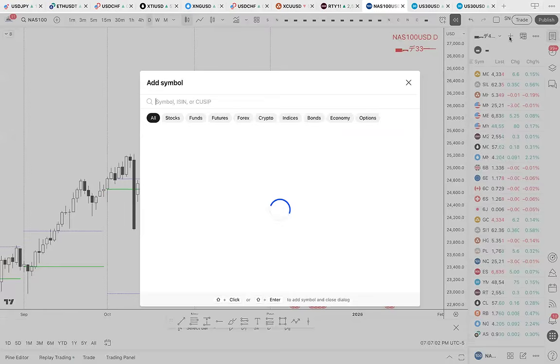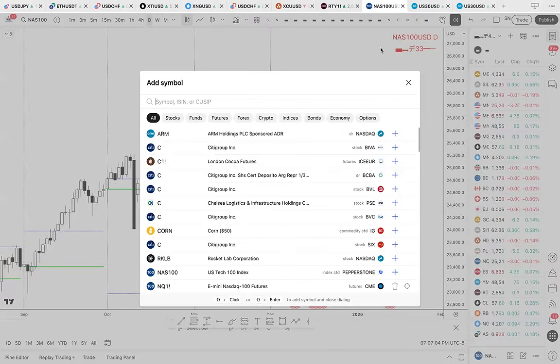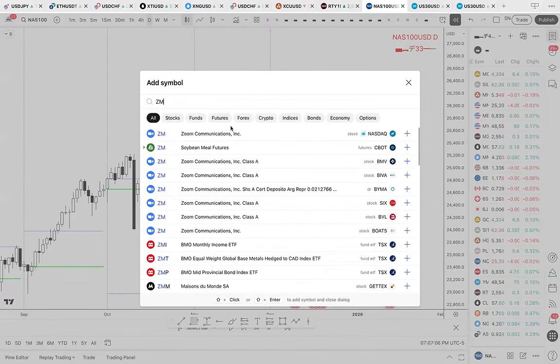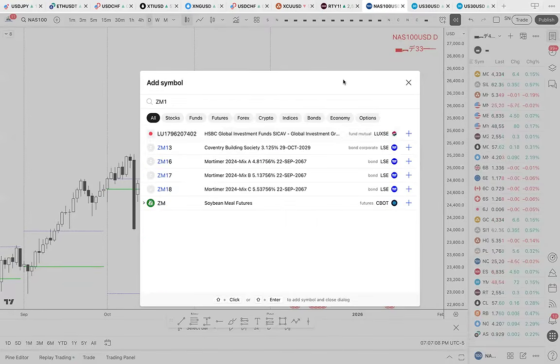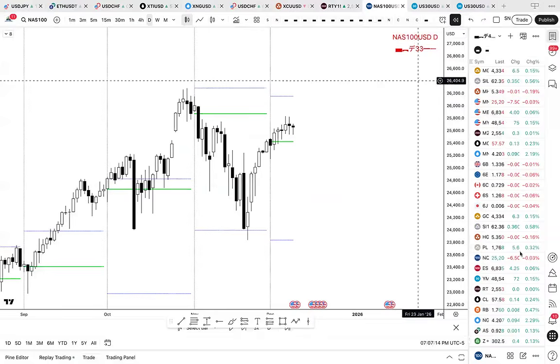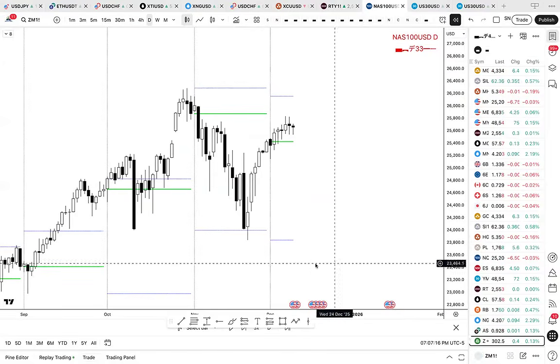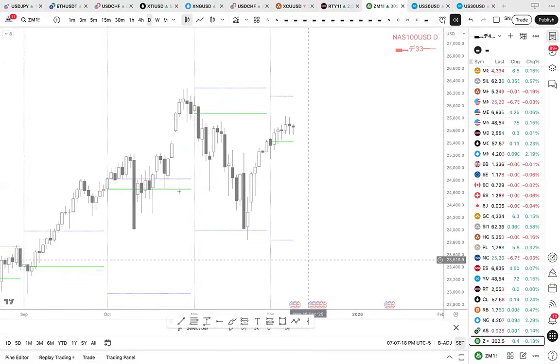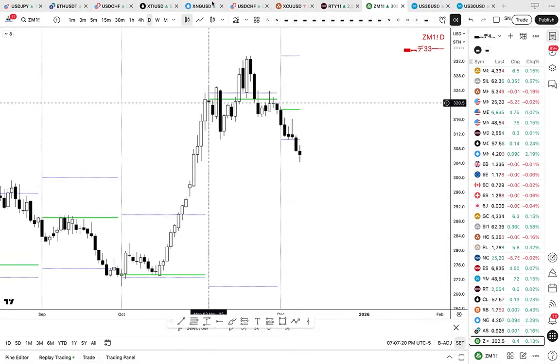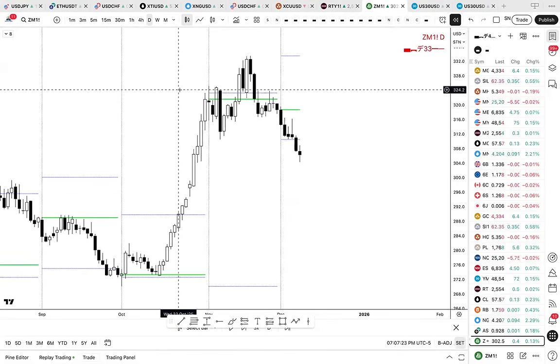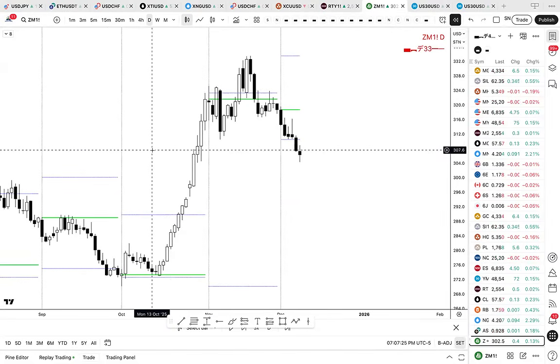Soybeans. Again, I don't know. If you're asking me if it's a signal day or not, I don't know. You're going to have to come back and look at what they're doing the next day.